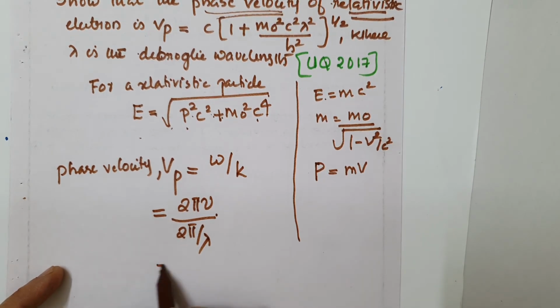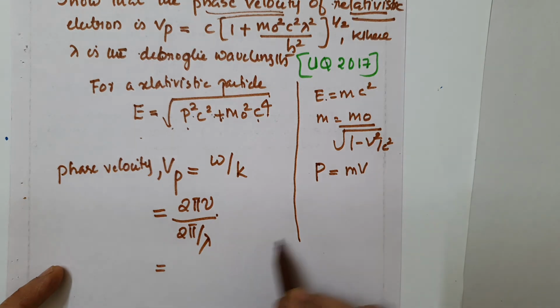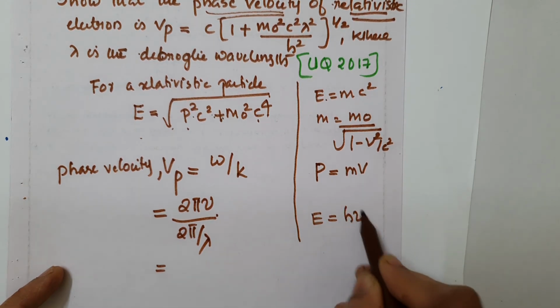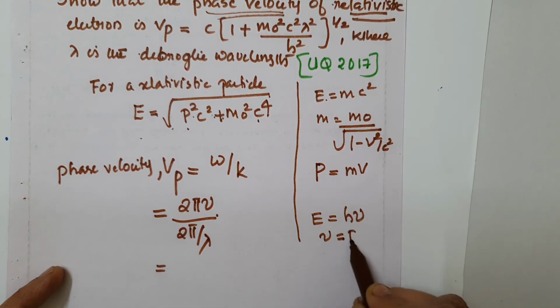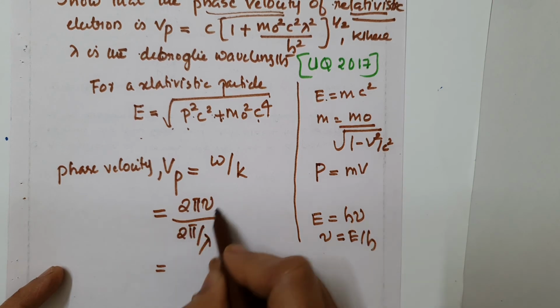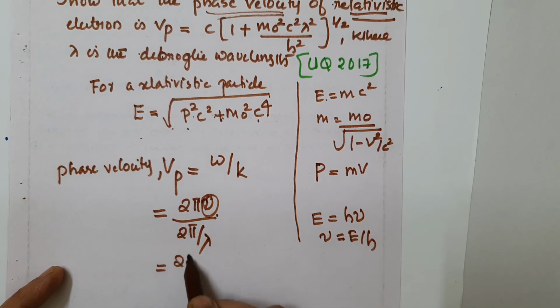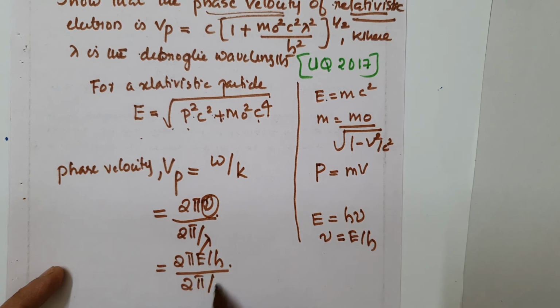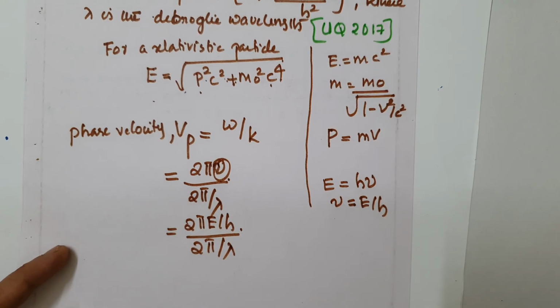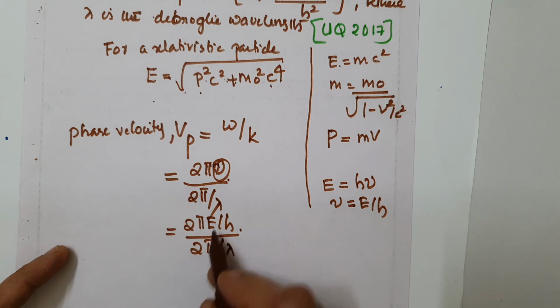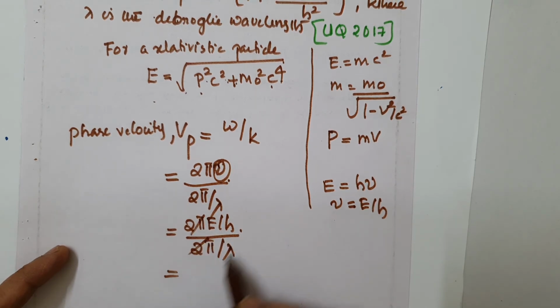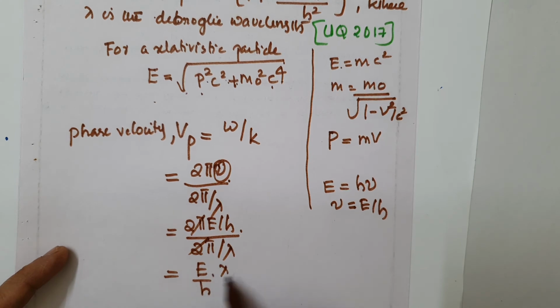We know that E is equal to h nu, or nu can be represented as E by h. Therefore, instead of nu, it is 2 pi E by h divided by 2 pi by lambda. The 2 pi cancels and we get E by h into lambda.